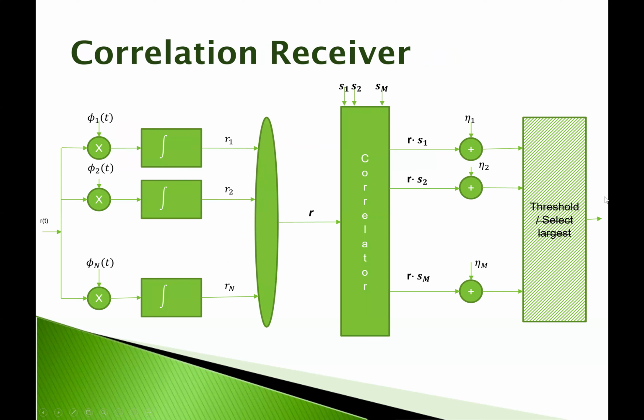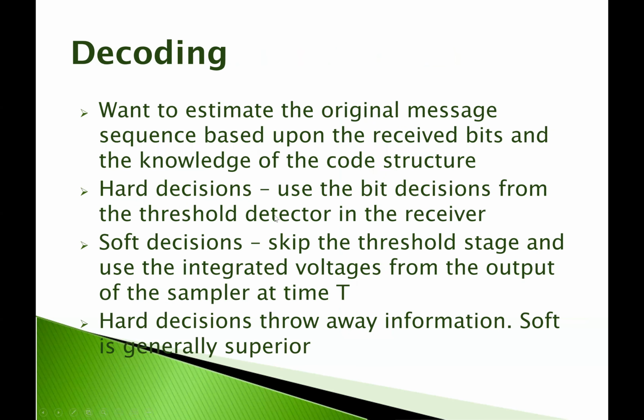Now, we are still probably going to select the largest of these, but that's not necessarily going to map to a 0 and a 1. When we do a hard decision, we're thresholding that voltage to the idealized logic levels, so ultimately that's going to end in a 0 or a 1 for our logical bits.